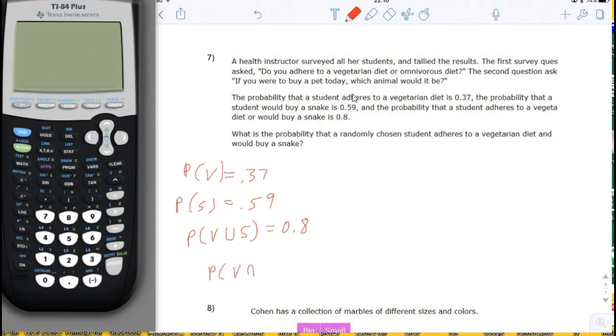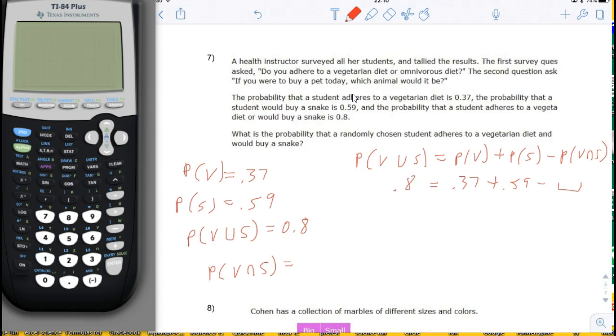So that would be V intersect S. Okay, so there is the addition property, which says the probability of V union S is equal to the probability of V plus the probability of S minus the probability of V intersect S, because that's the overlap. So 0.37 plus 0.59 minus, we don't know, and that's equal to 0.8.